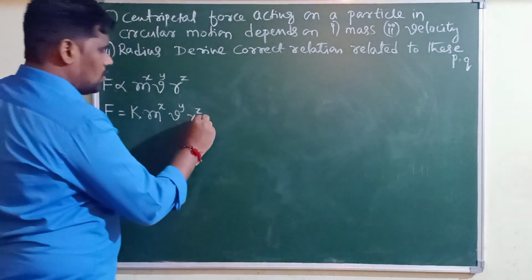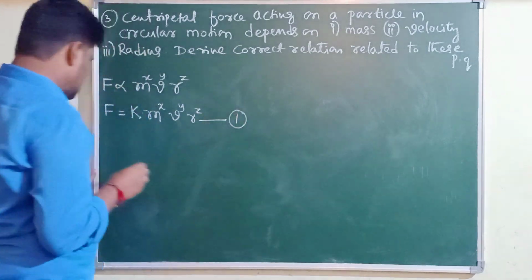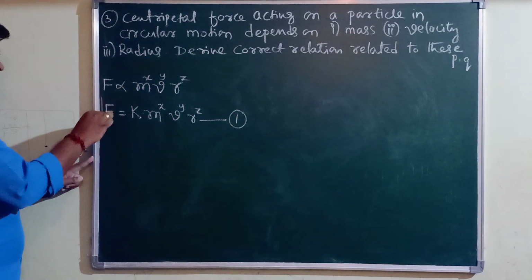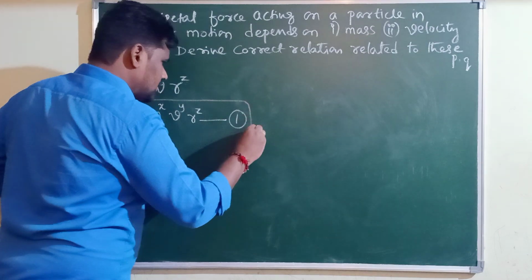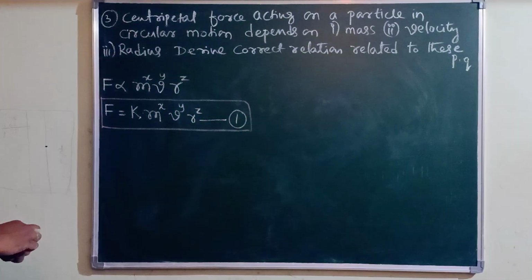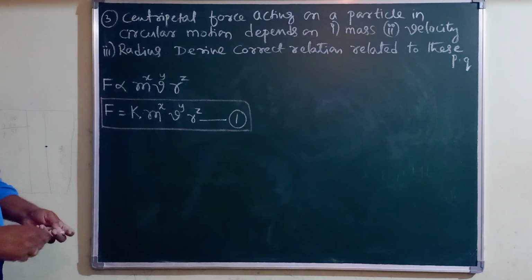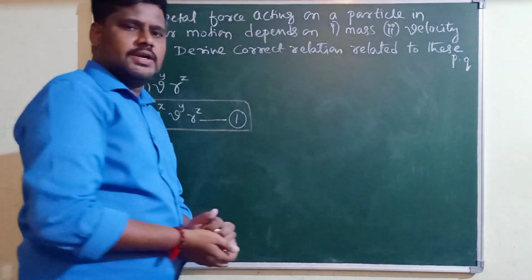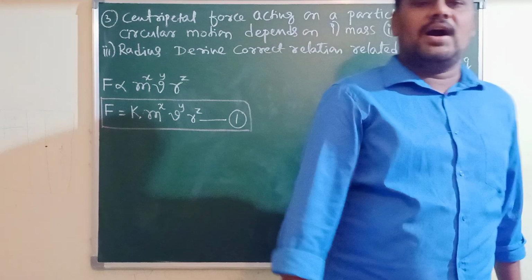I will call this equation number 1. Next step, we have to determine the values of what? x, y and z by substituting dimensional formula for all the physical quantities in LHS as well as RHS.